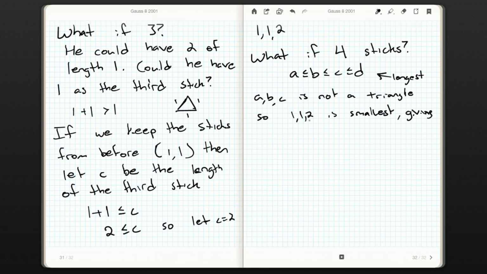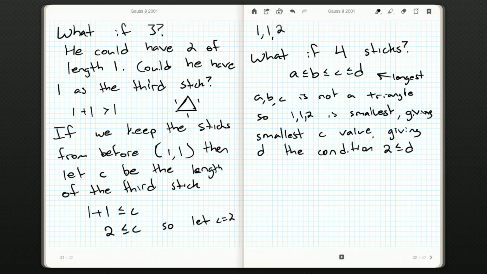And since it's the smallest, that gives the smallest C value. And that tells us D is at least 2.